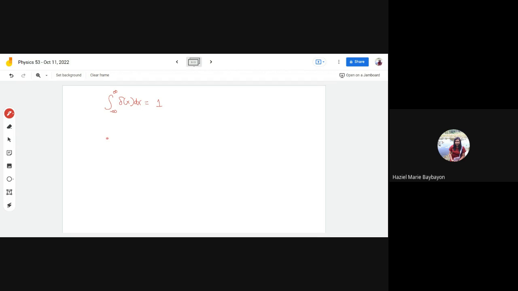Okay? So technically, the Dirac delta function is not a function, but you can consider it as a distribution. So it is a distribution.